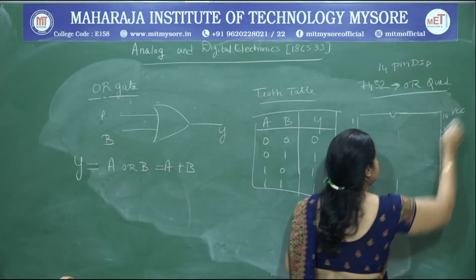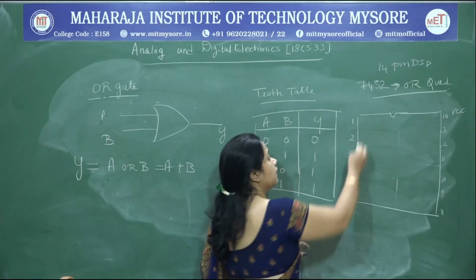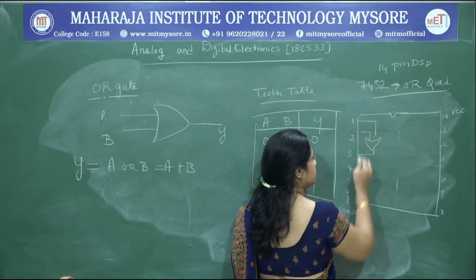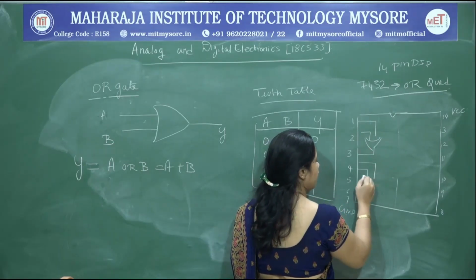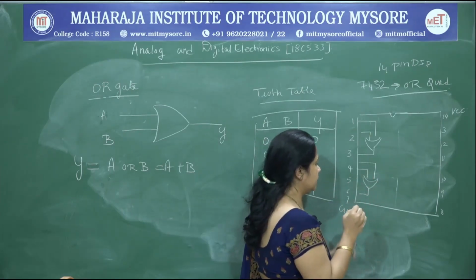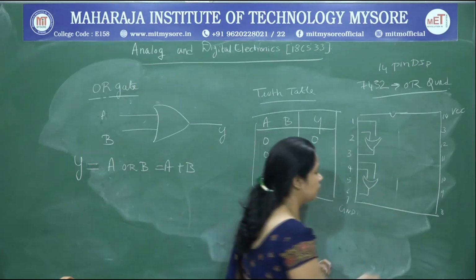14 is always VCC and 7 is ground, and because this is a 2 input OR gate, 1 and 2 are the inputs, 3 is the output, and 4 and 5 are the inputs, and 6 is the output. And as I said, all gates are facing downwards.